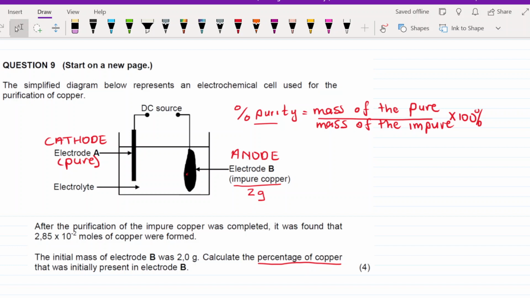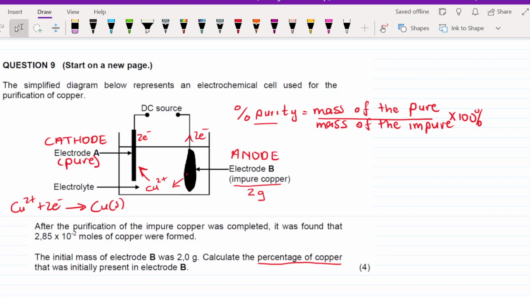Remember, this impure copper will deposit Cu2+ ions in the solution, and electrons will be given off to the cathode. When the cathode receives these 2 electrons and the Cu2+ ions react with those electrons, it will become the pure copper.